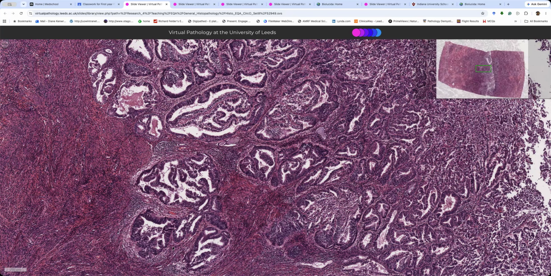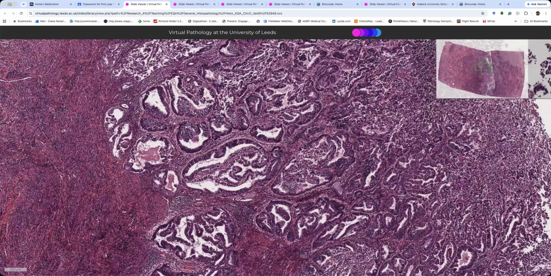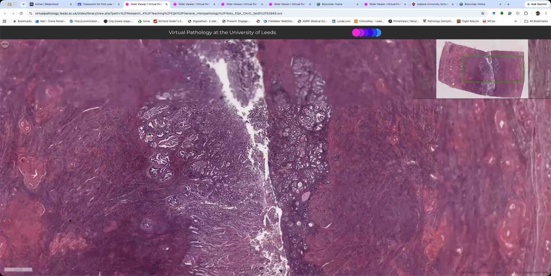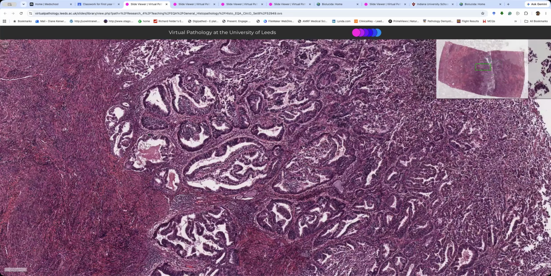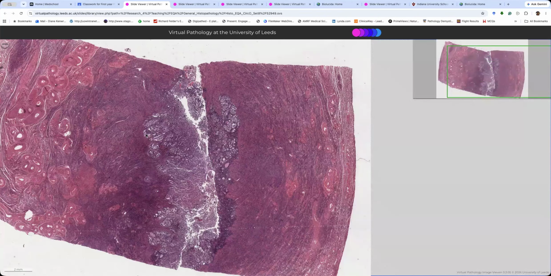So it looks the same as the invasive bit over here, so I would call all this invasive as well. All right, so here we go. We've got this slightly porridgey endometrioid adenocarcinoma of the endometrium. How do I know it's endometrioid? What are the big clues for endometrioid here?